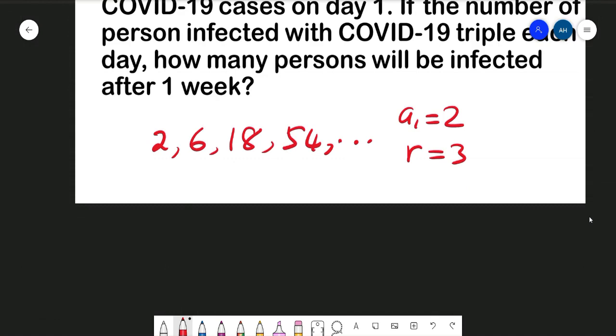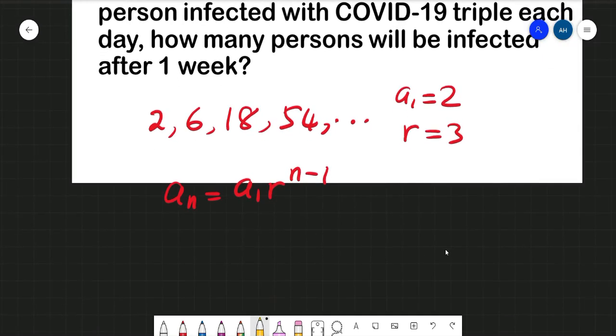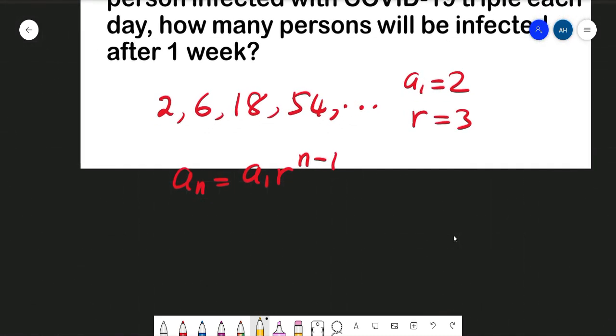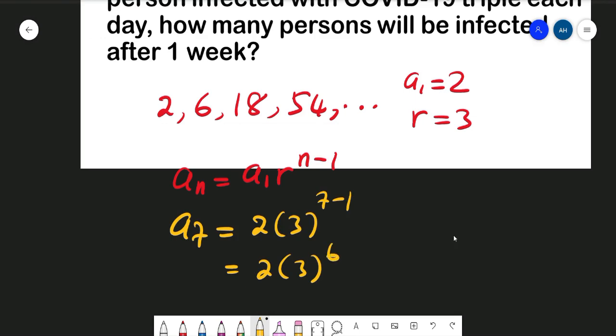But before that, maybe we need to write down the formula for An. Hope you still remember the formula for An in a geometric sequence: An equals A1 r to the power n minus 1. So let's substitute the values of A1, r, and n. We are looking for A7. A7 equals 2 times 3 to the power 7 minus 1, which is 2 times 3 to the power 6.